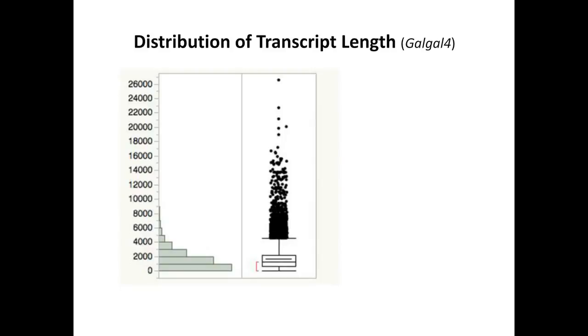I took all the transcripts and looked at their length and the distribution of the length. As you can see, some transcripts are as big as 26 kb, and the average transcript length is 2,000 base pairs.